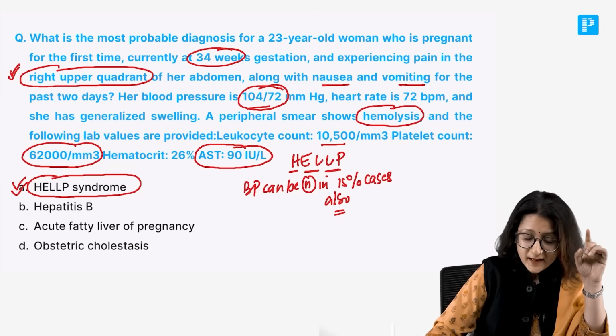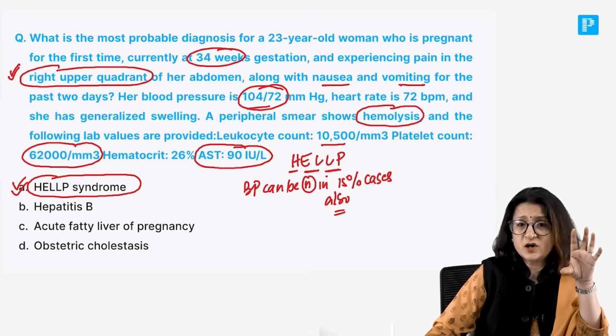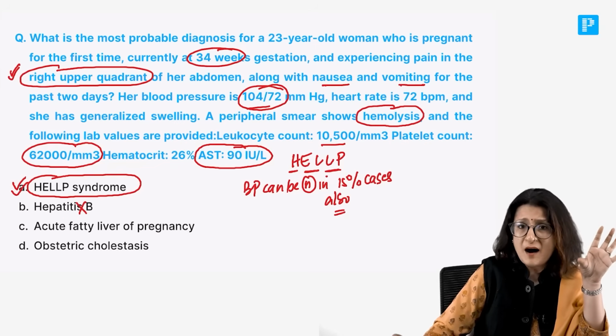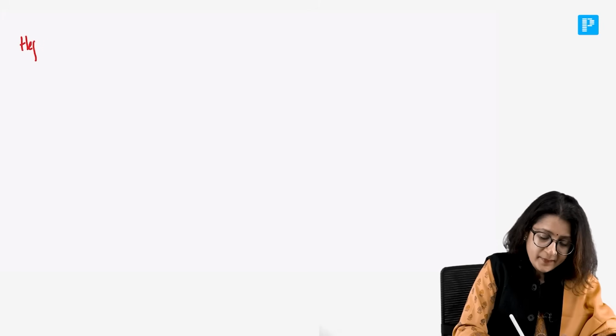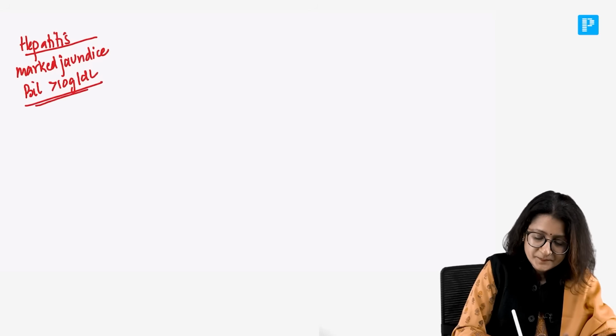Hepatitis B is not the answer, because the jaundice in hepatitis is going to be very, very marked. When there is hepatitis, there is marked jaundice, so the bilirubin levels are usually very high.